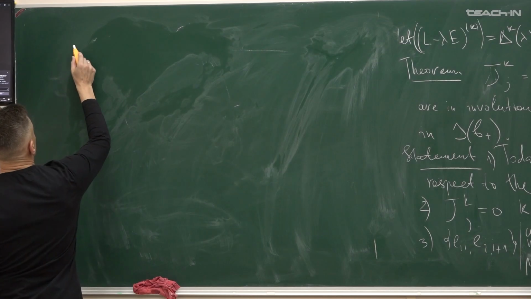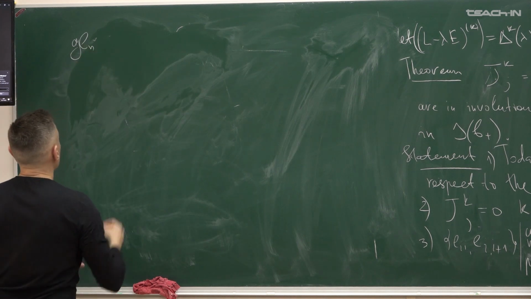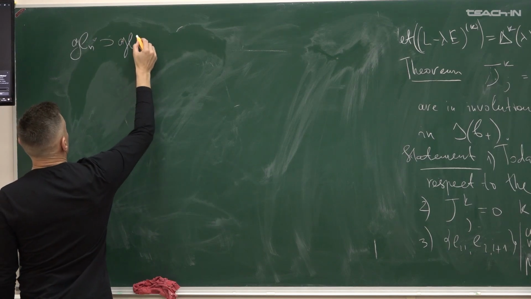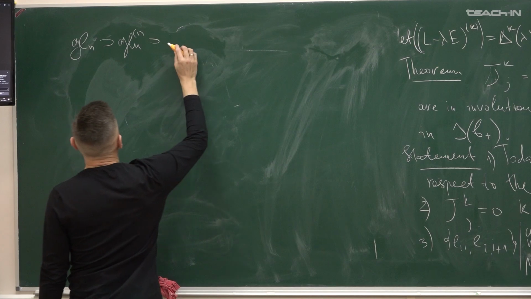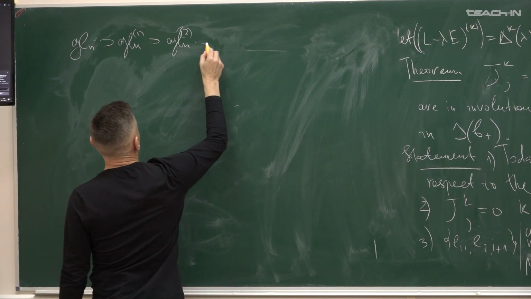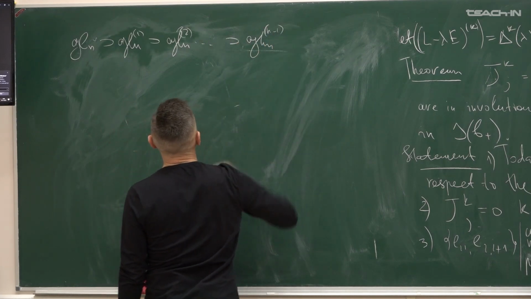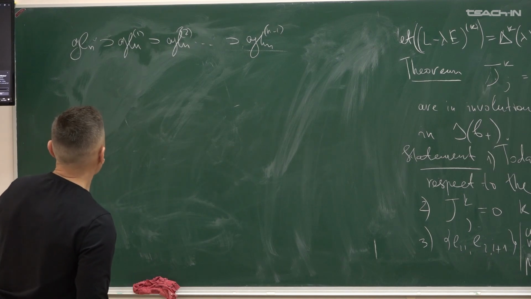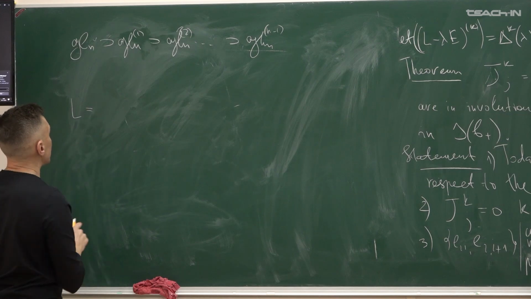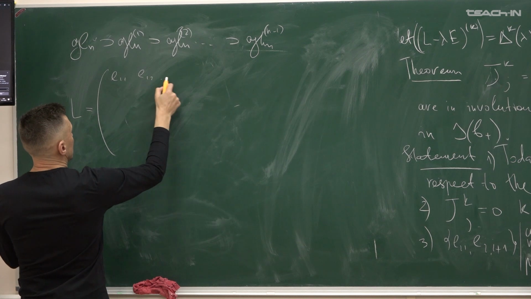I'd like to introduce the set of Lie subalgebras gl_1, gl_2, ..., gl_{n-1}. And these subalgebras are obtained from our gl_n Lax operator, E_11, E_12, ..., E_1n.